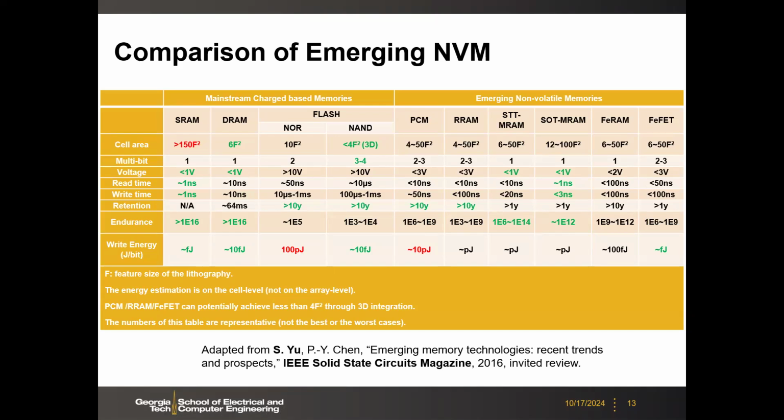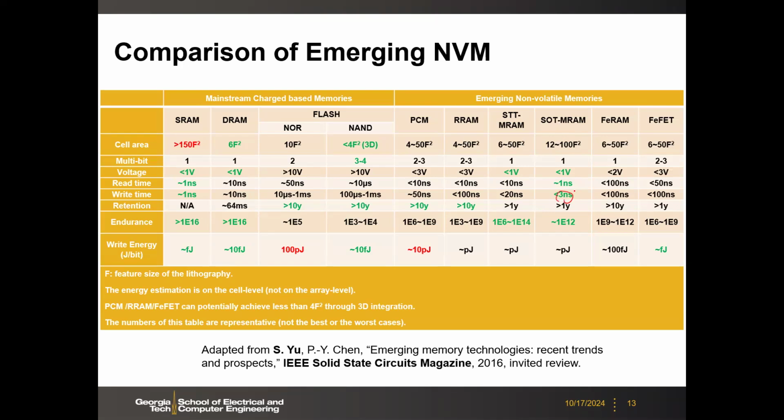So generally, those are slower than the SRAM, maybe comparable to the DRAM. That's the speed. Okay. The only exception here is the STT-MRAM, which could potentially be very fast, even below 1 nanosecond has been reported. But then the current density is very high. You need to pass a lot of current to get that.